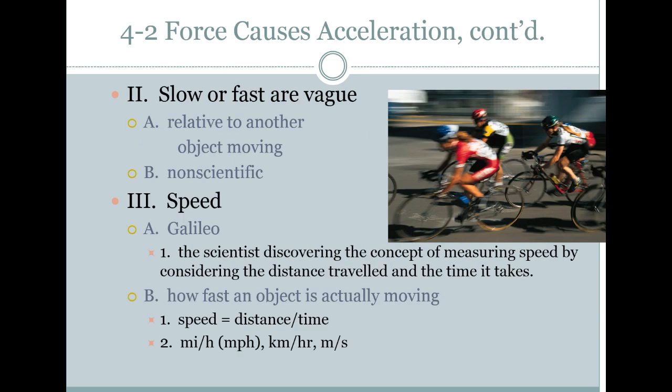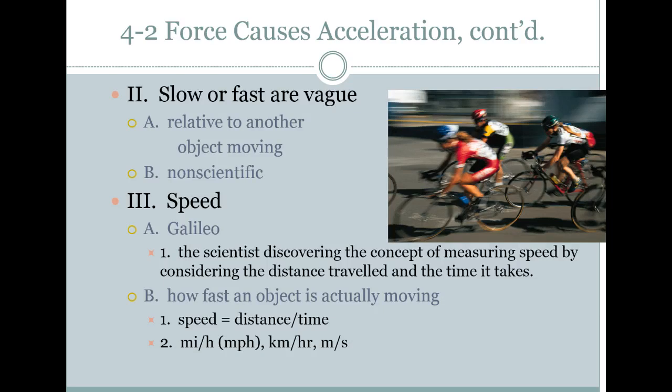When we talk about speed, before the time of Galileo, people described moving things as simply slow or fast. Such descriptions were vague. Galileo is credited as being the first to measure speed by considering the distance covered and the time it takes. Speed is how fast an object is moving. You can calculate the speed of an object by dividing the distance covered by time.